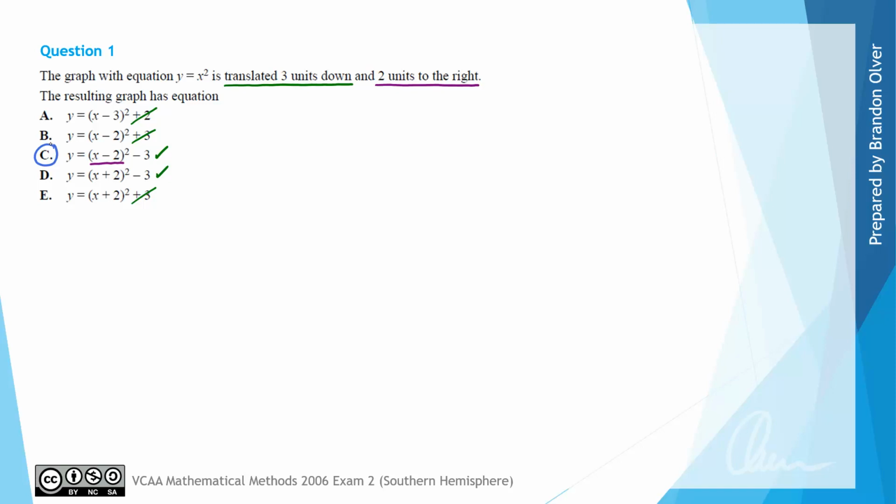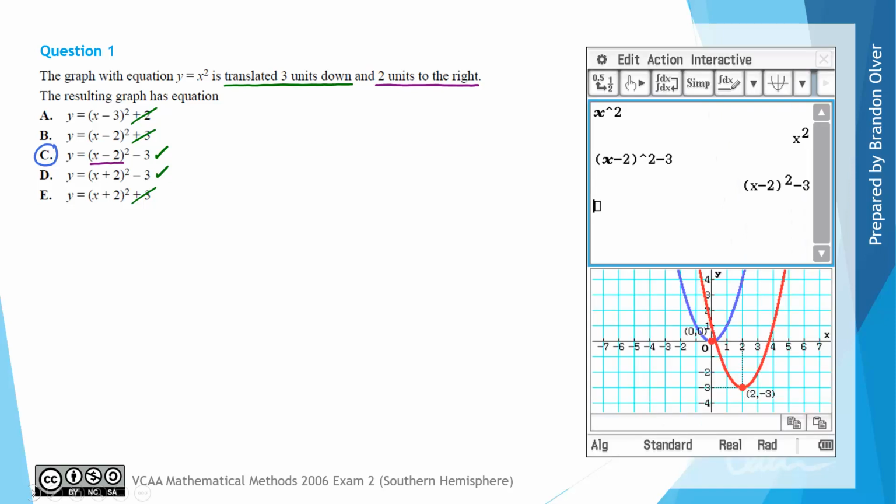Now, once you have the answer that you think is correct, you could always use a calculator to double check it, but we've essentially got the answer here without using it, which is why it's not the most efficient method. On the calculator, you could type in x squared, our first equation, graphed in blue on the screen, which is just the parabola down here.